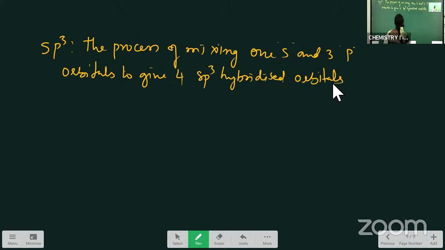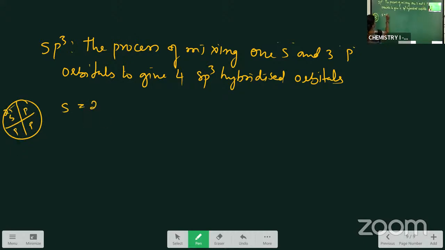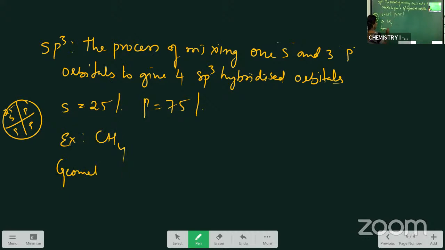So this is called as sp3 hybridization. The next, what is s character? So this you divide like this. So one is s, 3 are p. So each one is 25%. So s is 25% and p is 75%. Now what is the example for this? Is methane.